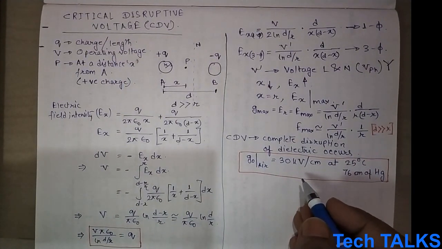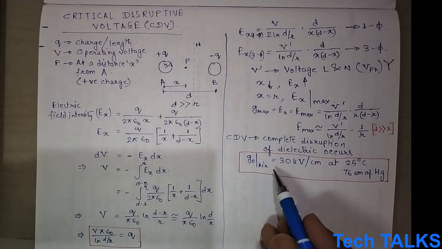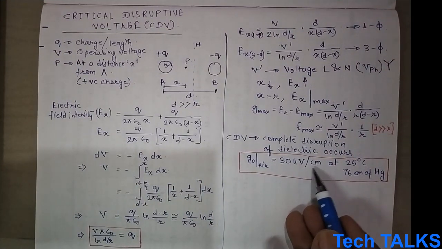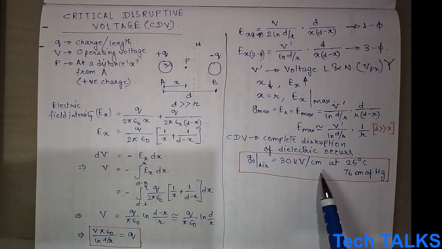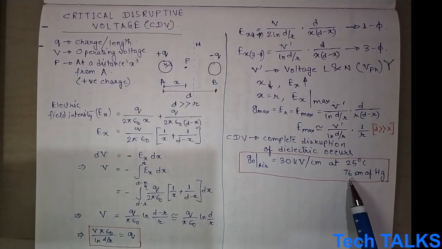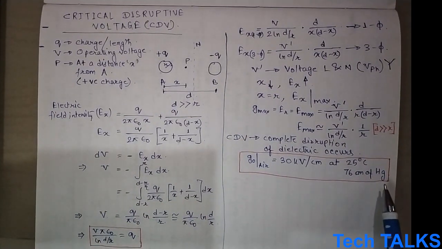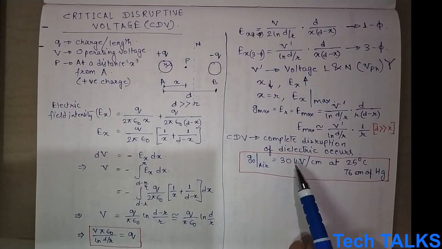When the potential difference between the two conductors reaches 30 kilovolts, disruption of the air column will occur. That means you will be able to see a spark between these two conductors. That is what is called the critical disruptive voltage. It is the complete disruption of the dielectric, and here the dielectric is air.